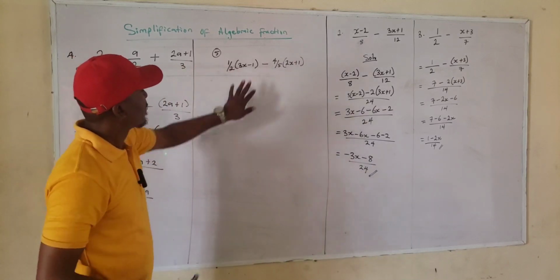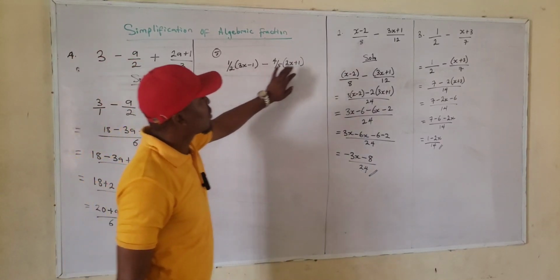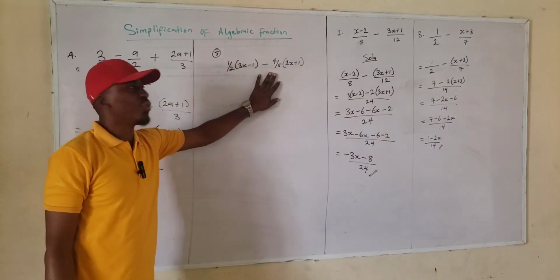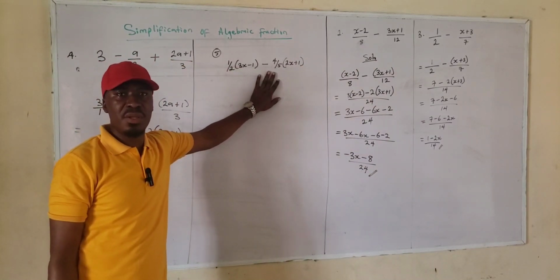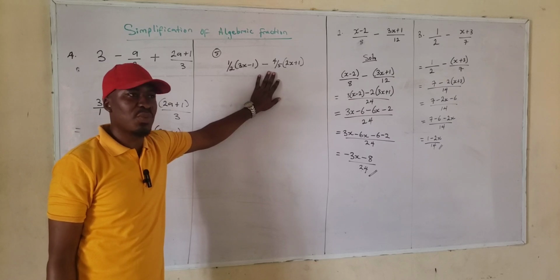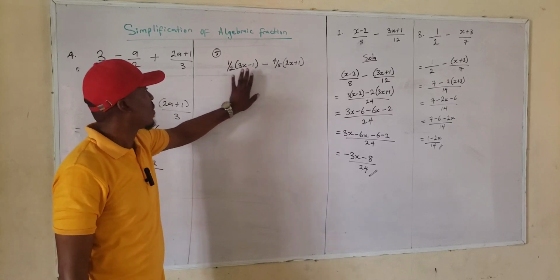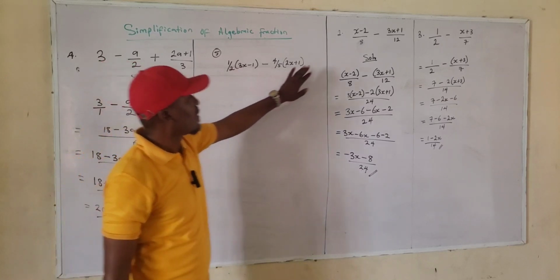So you can see, okay? This is just a little trick that some examiners will do, just to be sure that you know what you are doing. They want to be sure that, yes, you actually know what you are doing, okay? So they will write it in this form instead of this form.